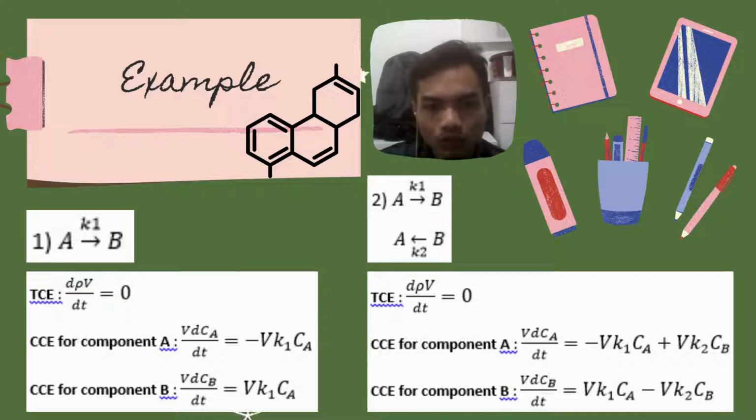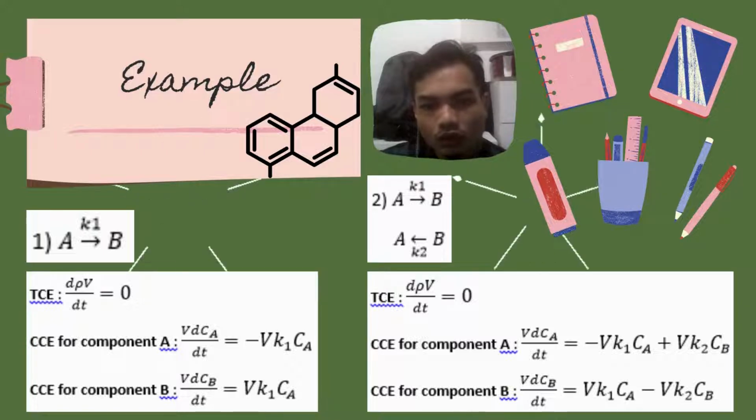So we get V dCA over dt equal to negative V k1 CA, negative because A is consumed in the process. For component B, we get V dCB over dt equal to positive V k1 CA, because component B is produced in this process.